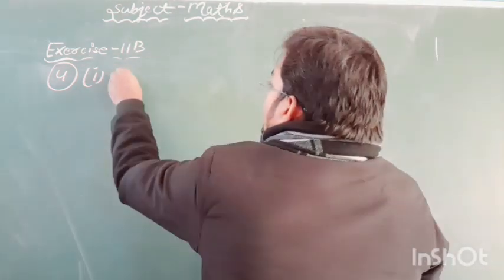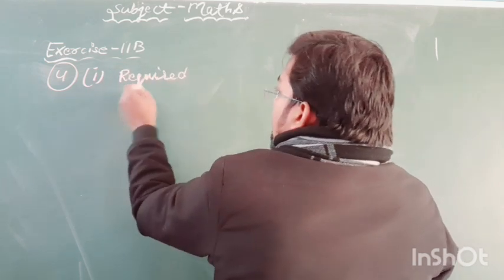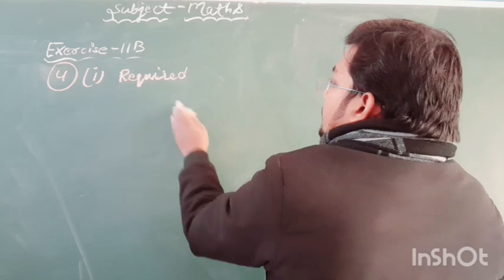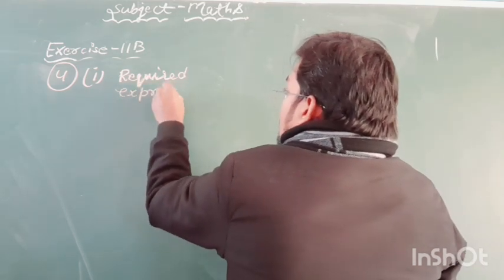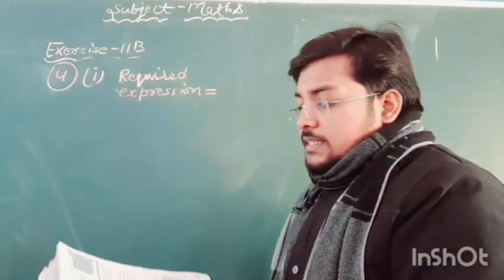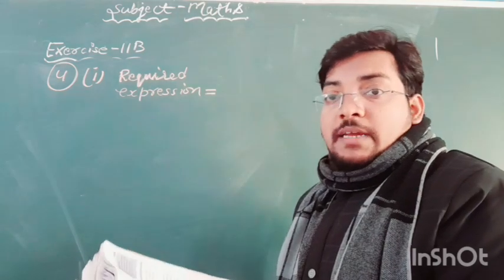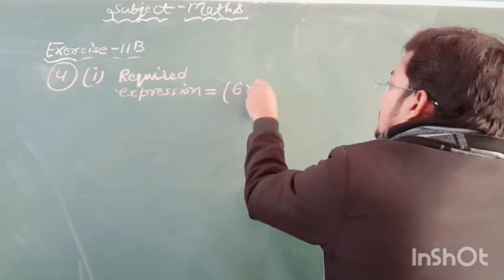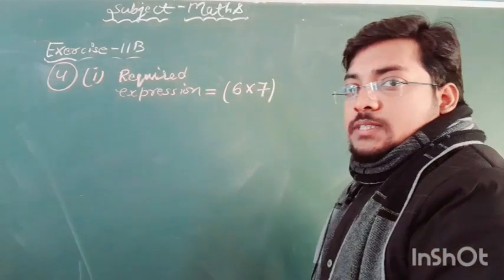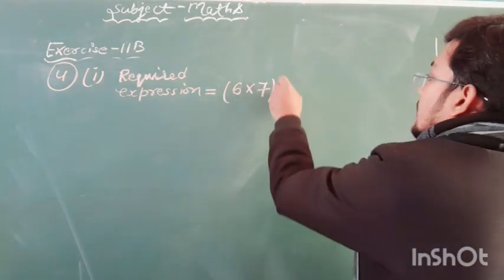The required expression is equal to, as the sentence says that first we multiply 6 and 7, so in round bracket we write 6 into 7, and then multiply it by 8.